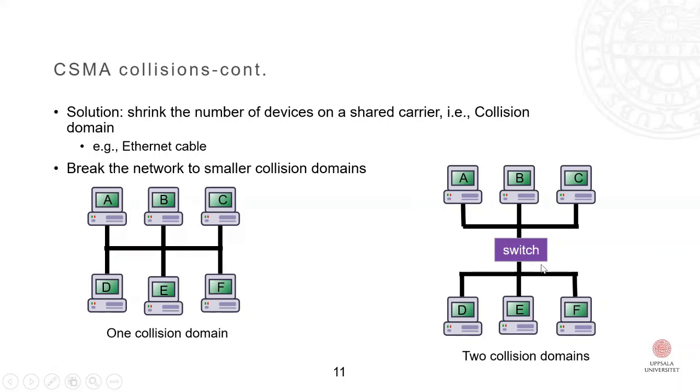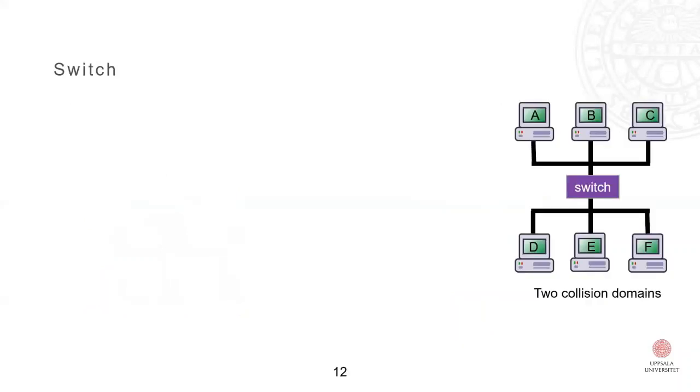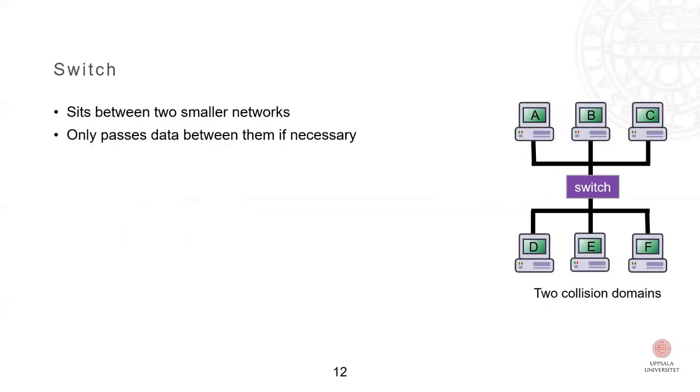The role of a switch is that it separates, it's kind of like a door between these collision domains, and it helps in reducing the number of collisions. Let's see how a switch works. It sits between 2 smaller networks and only passes data if necessary.